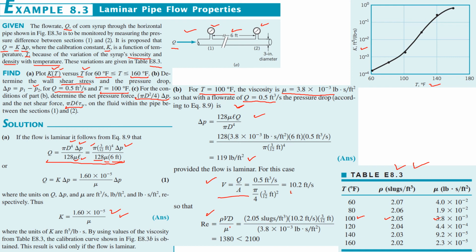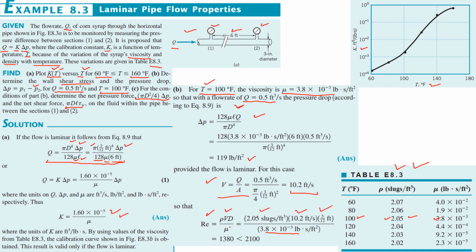So our velocity comes out to be 10.2 feet per second, and now we can use this value in the Reynolds number, rho v d over mu. We will use the same values at T equal to 100 Fahrenheit for our density. As you can see, our density is 2.05 at 100 Fahrenheit. So we'll put in this value of density, velocity, and the diameter is given, and similarly the viscosity value.